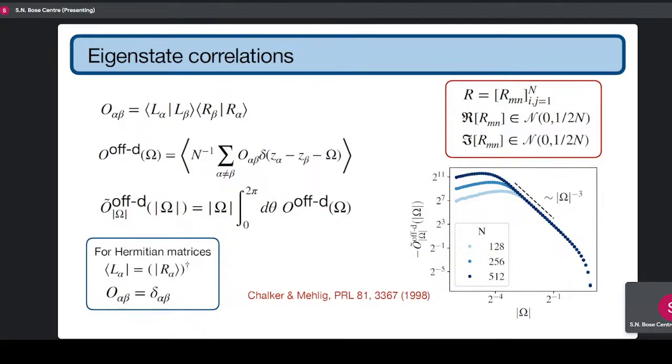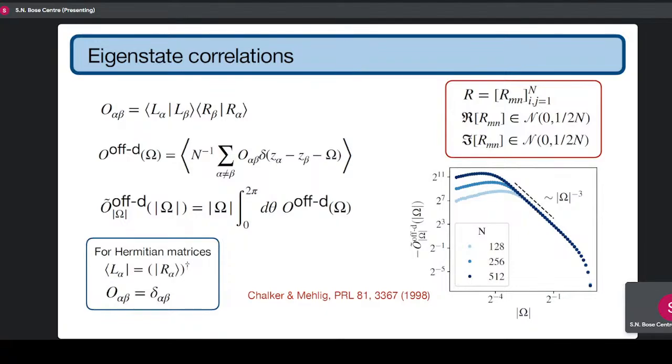To quantify it further, we define this quantity where we resolve this O alpha beta in terms of the eigenvalue spacing. So this omega is now a complex number, which is the complex spacing in the spectrum. If we want to study the statistics, this is 2D data.